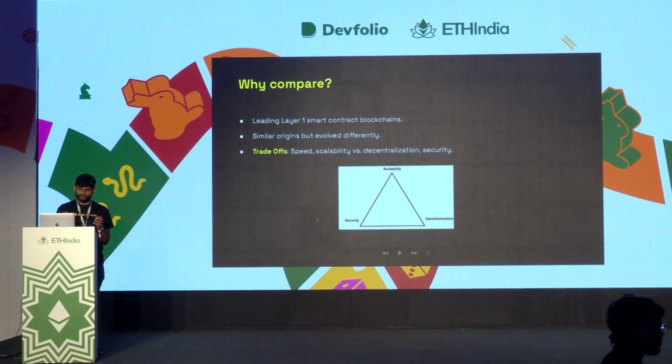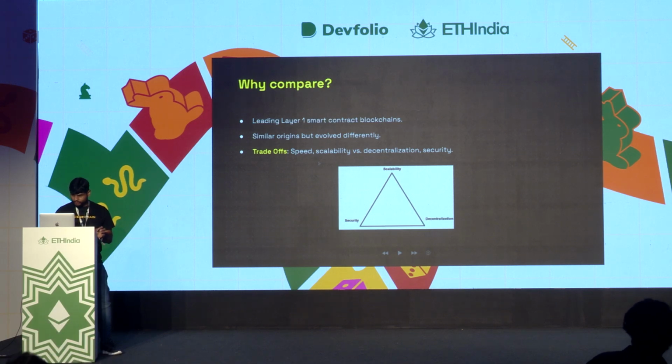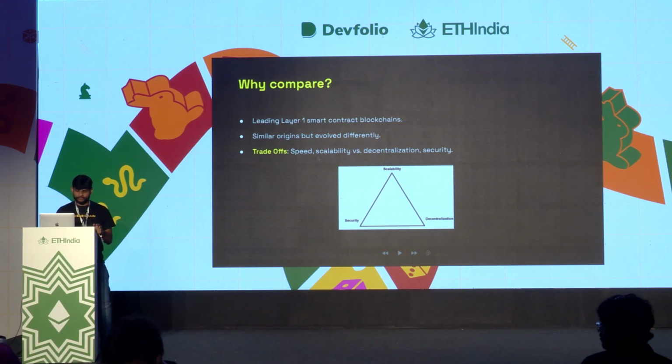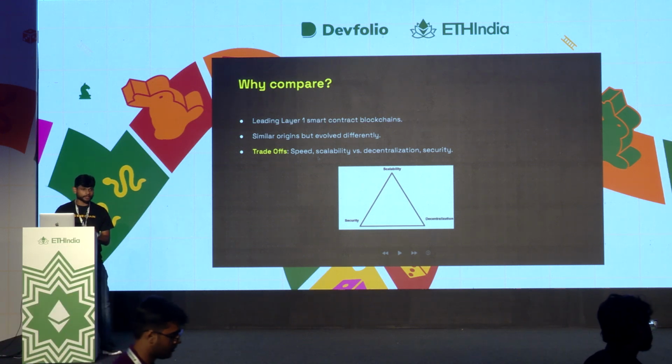It's very difficult to go for all three and successfully build the best possible solution. So here, we are talking about speed or scalability versus decentralization or security. We'll see how these trade-offs work while comparing these two blockchains.